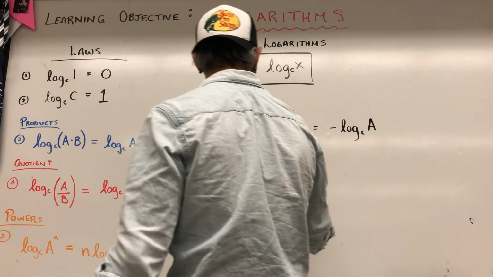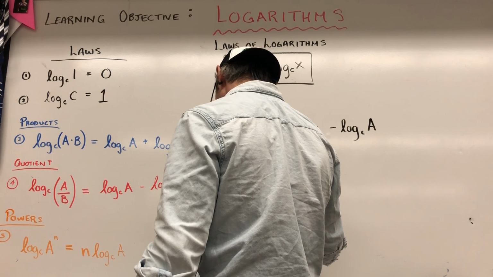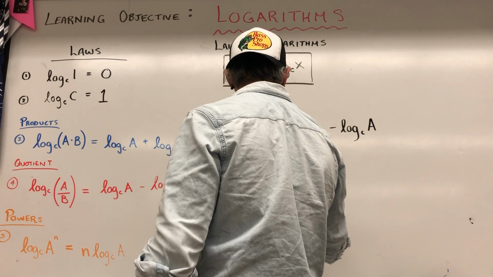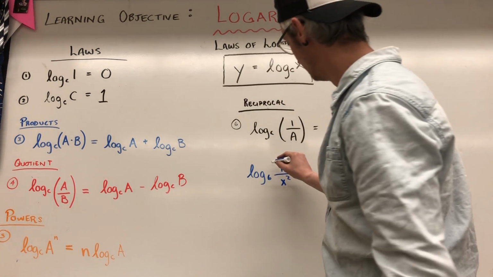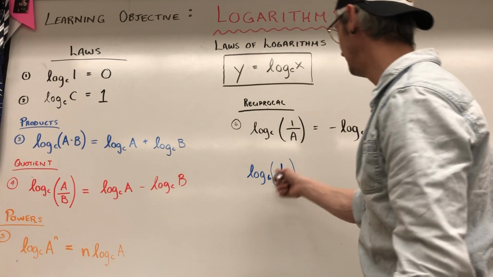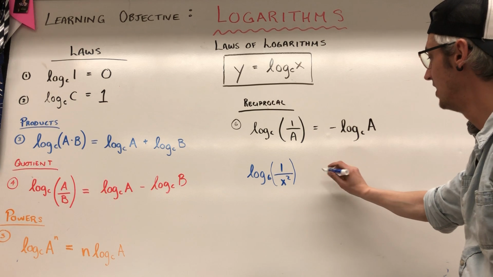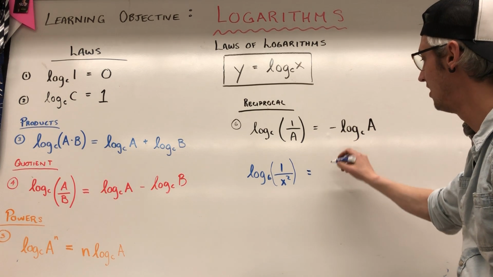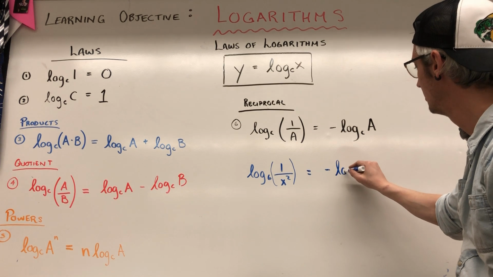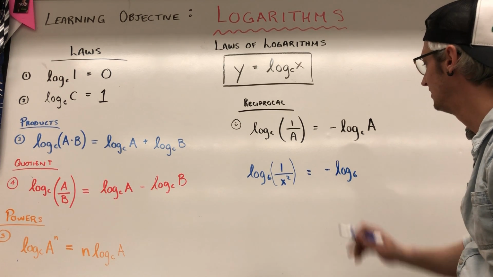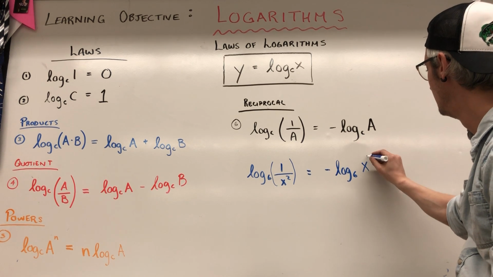So I have log of base 6, 1 over x squared. I might put that in brackets there. Okay, so log base 6 of 1 over x squared. I've got 1 over that. So I can rewrite this using this law as negative log base 6, whatever's in my denominator, x squared.